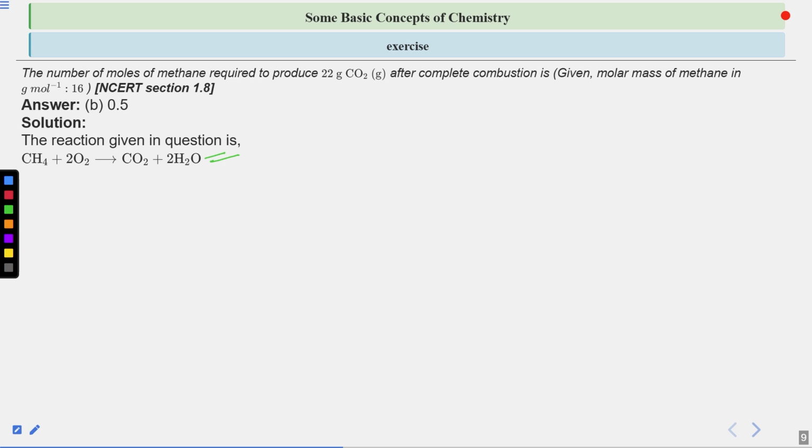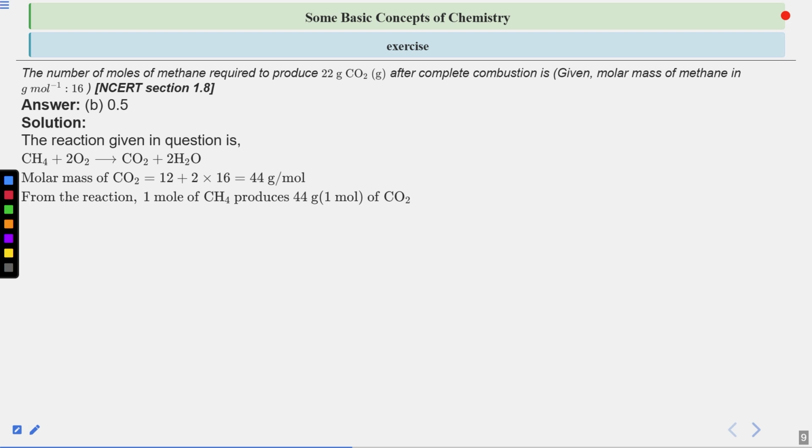Now further, what can be derived from the given equation? To calculate the molar mass of CO2, we will simply use the molar masses of carbon and oxygen, and it will give you 44 gram per mole.